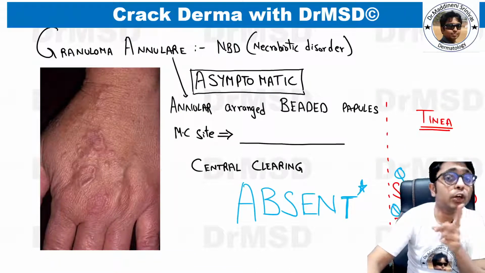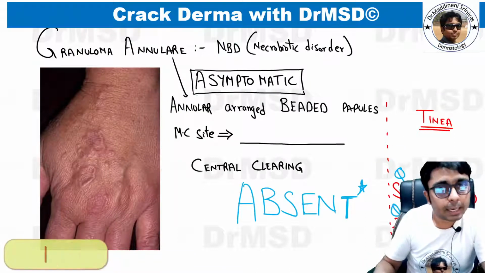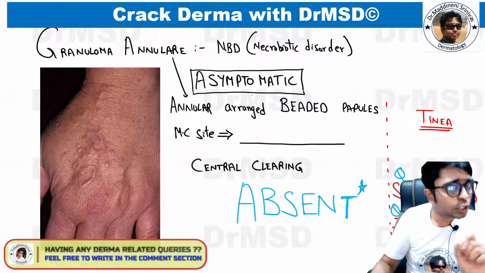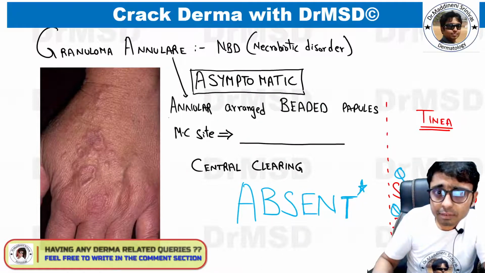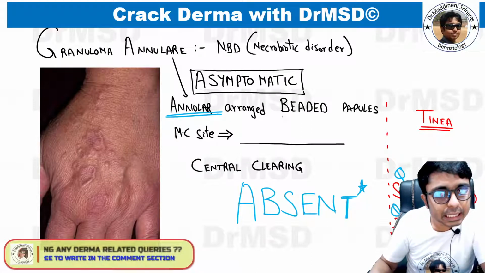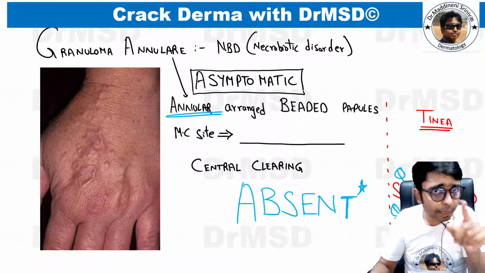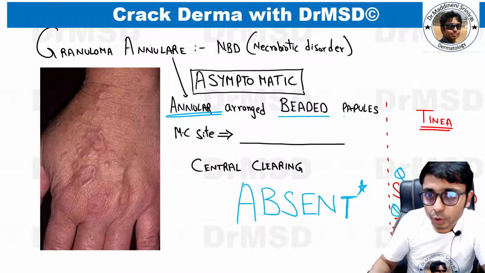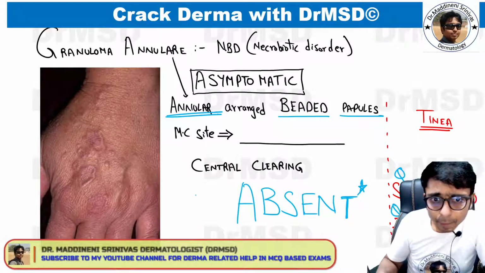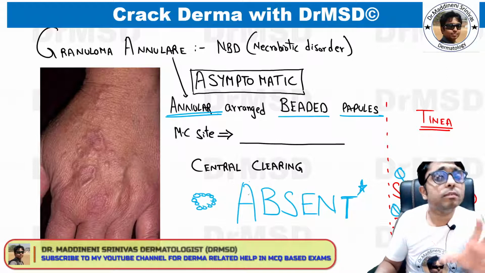Another necrobiotic disorder is Granuloma annulare, in which the patients are going to have, obviously the name is not a misnomer, annular lesions. But these annular lesions have a peculiarity: the periphery is going to be a beaded papule. So small tiny papules will coalesce together to form the rim of the annular lesion.